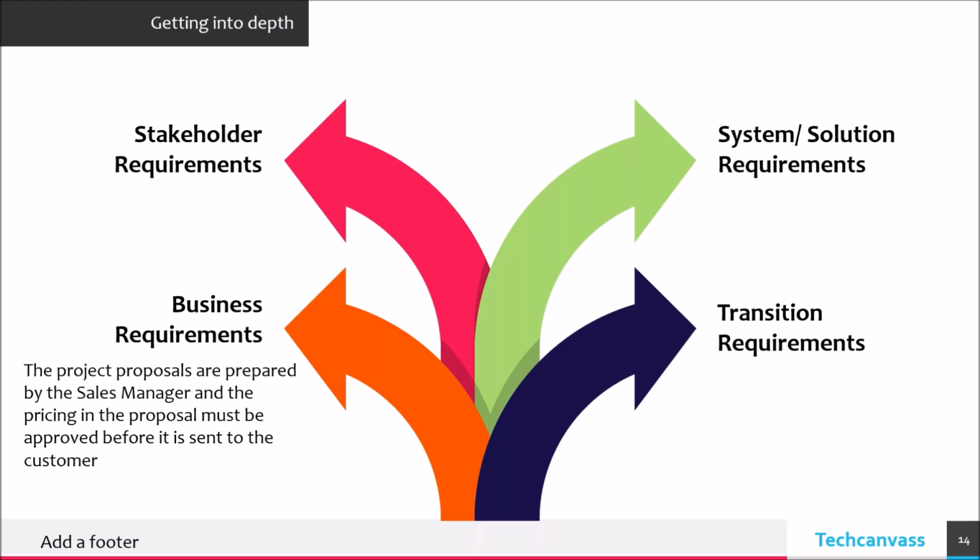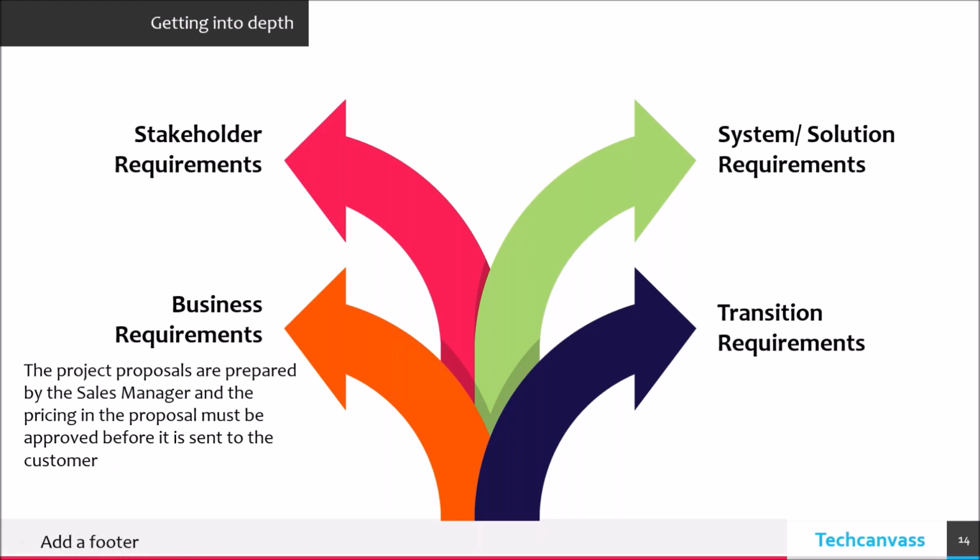This is part of a big ERP system. What we are talking about is one small part of that requirement, where it says the project proposals are prepared by the sales manager and the pricing in the proposal must be approved before it is sent to the customer.